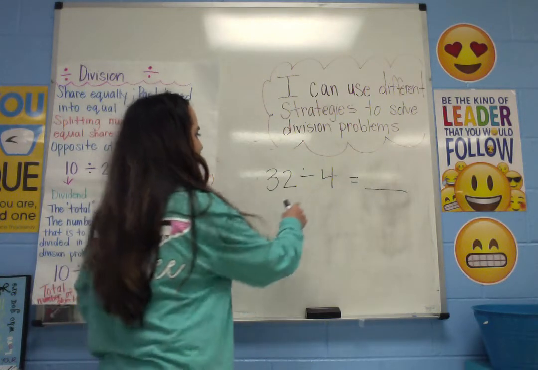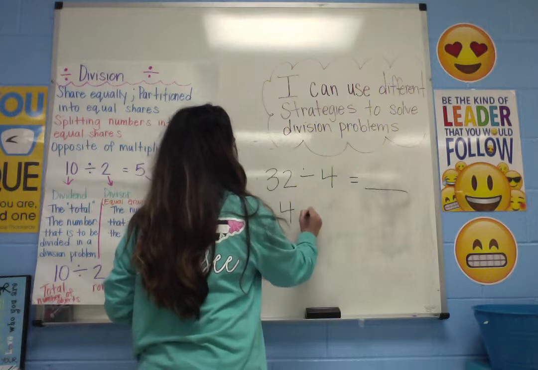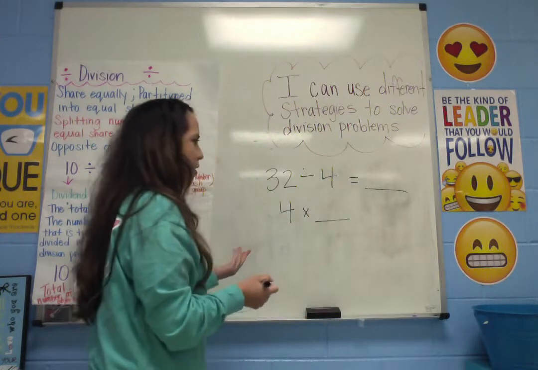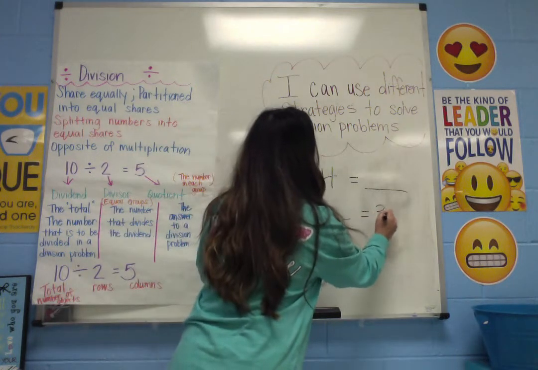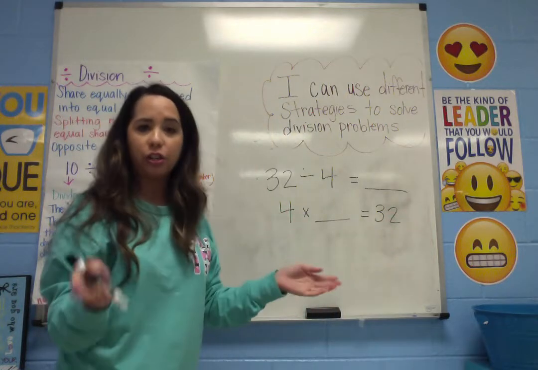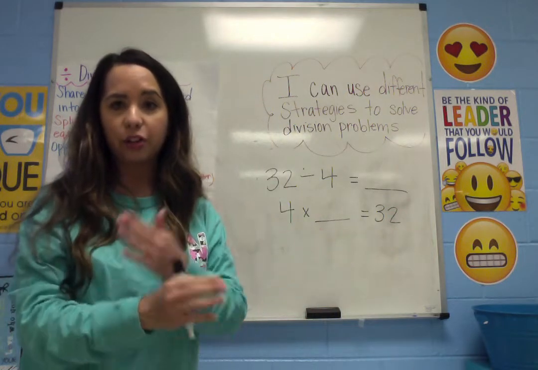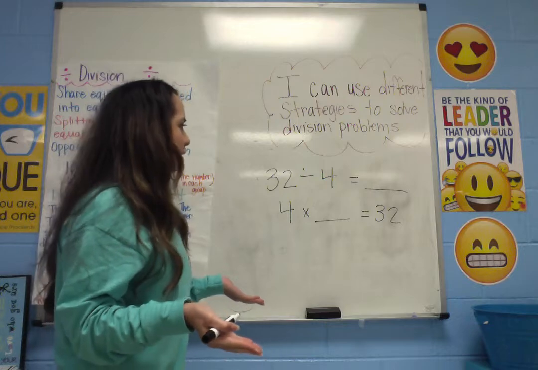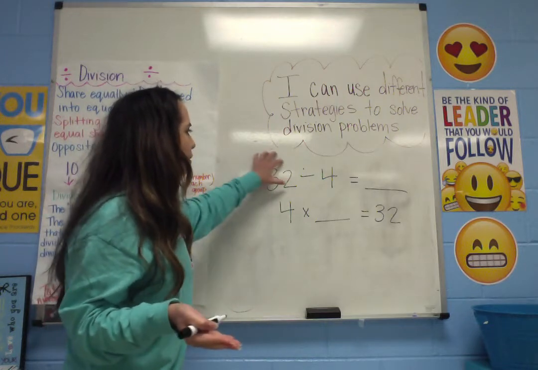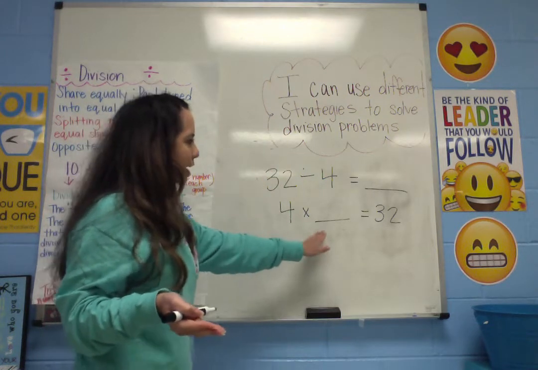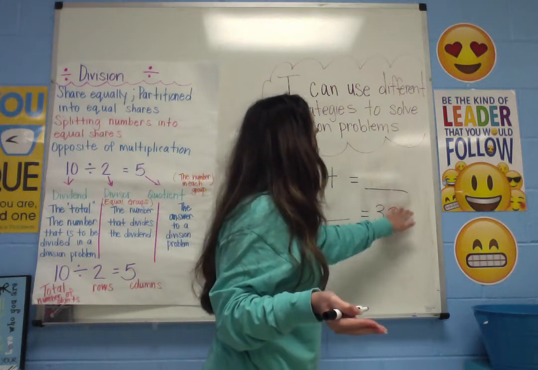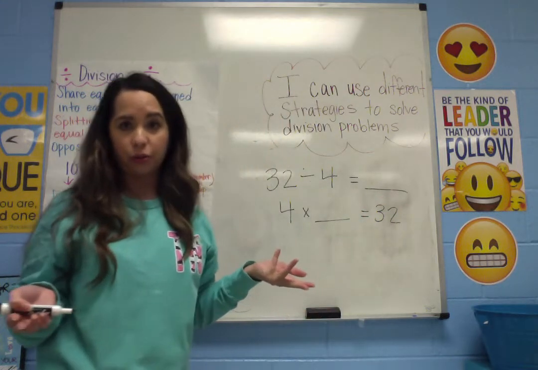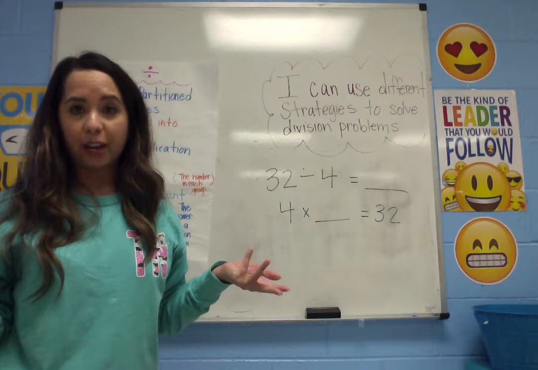I can say, 4 times what number will equal 32? Remember, multiplication and division, we call them an inverse operation. In division, we start with our total number, but with multiplication, we end with our total number because we're trying to find a total in multiplication.